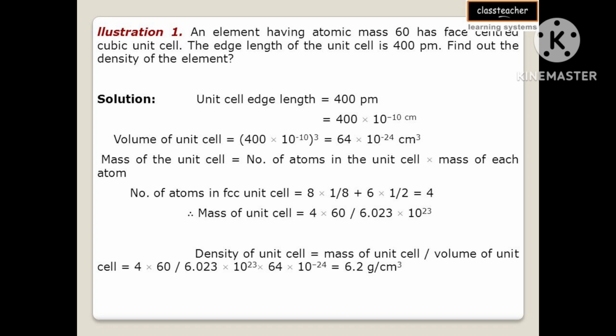Volume is required, like a cube. And the density formula is related to Z, capital M means molecular mass, edge, and Avogadro number. Out of 5, 4 you should know.